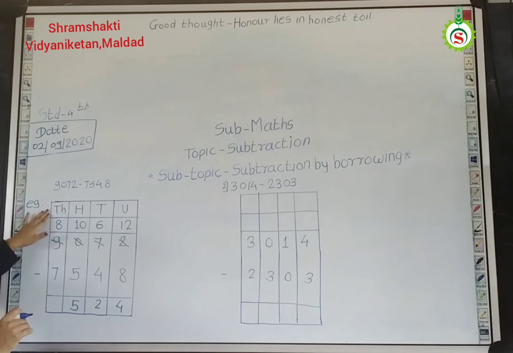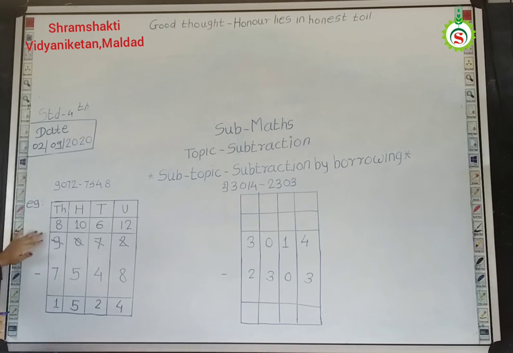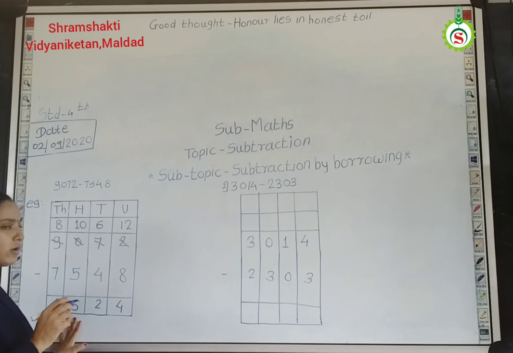Here 8,000s minus 7,000s. Here 8,000 is bigger than 7,000. Therefore here subtraction is possible. So 8 minus 7. How much? 1. So 8,000s minus 7,000s is equal to 1,000.